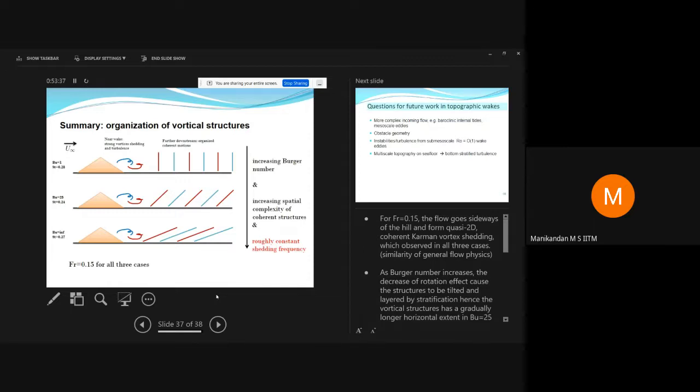And if you do that and look at the movies, it turns out that as you increase the effect of rotation, you go from inclined vortices to straight, vertical vortices. But interestingly, with all of these changes in the size of the individual vortices, their shape and inclination, the frequency does not change. And this is kind of an interesting thing.